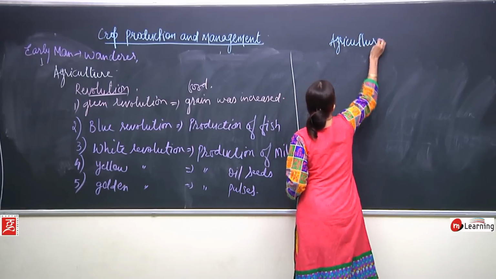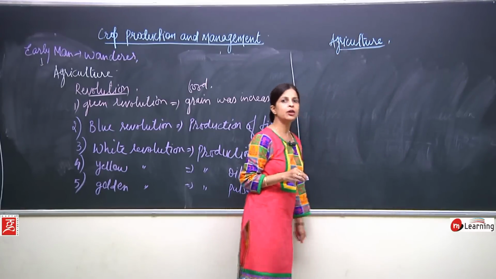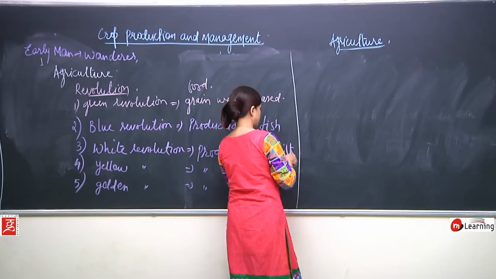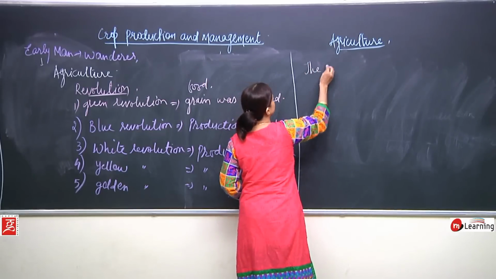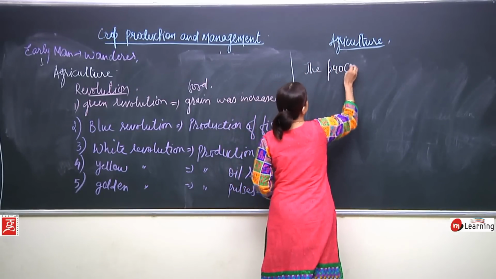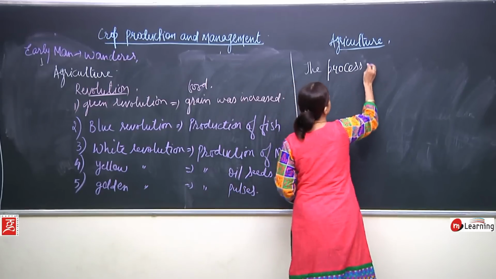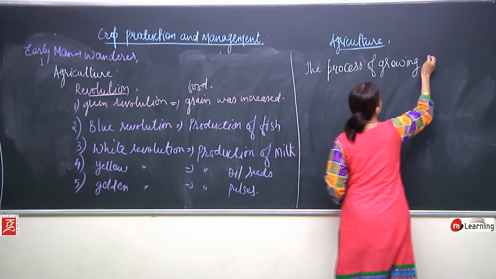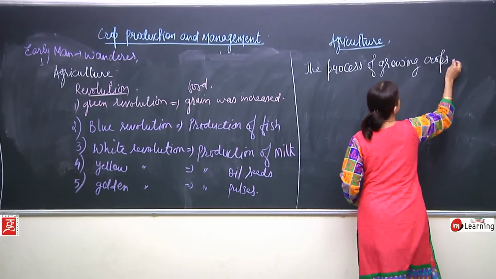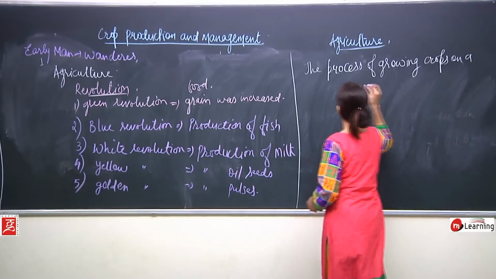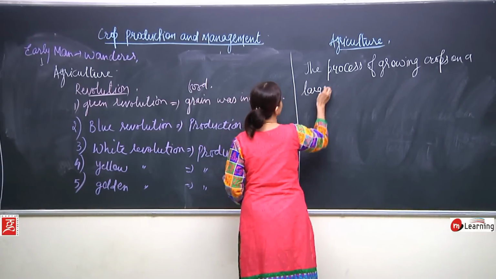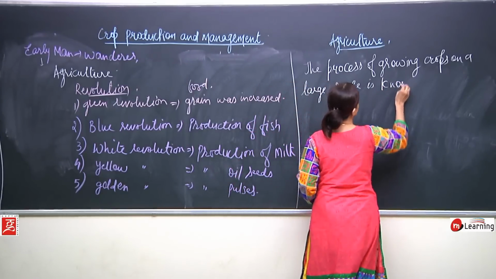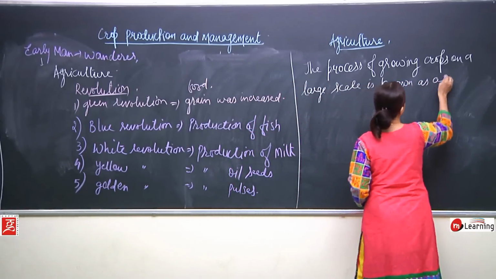Now what is the meaning of agriculture? How can we define agriculture? The process of growing crops on a large scale is known as agriculture.